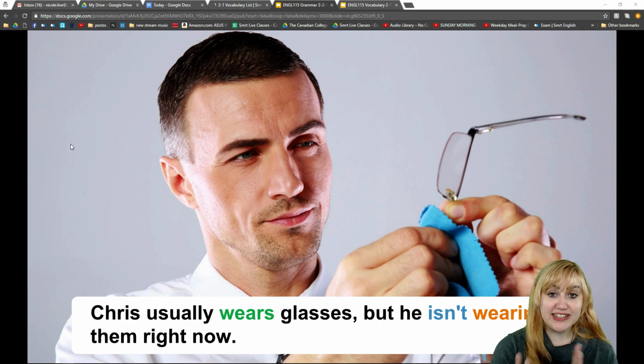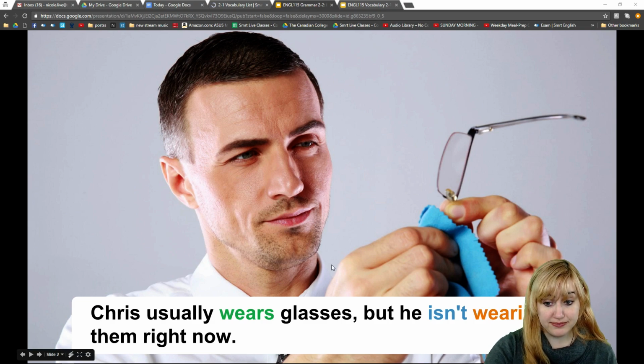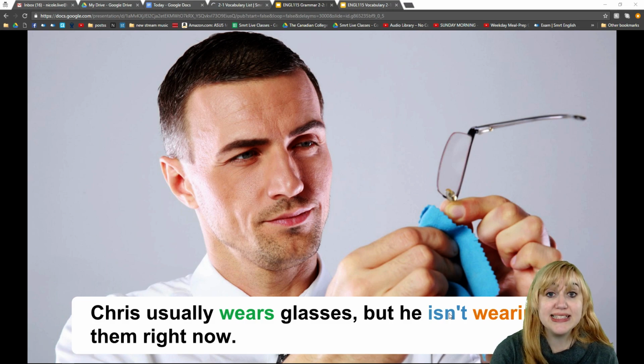The only thing that's different for present or past or future or present perfect is the be verb. The be verb in this sentence is isn't. So for present continuous, we use the present be verb. The present be verb is am, is, or are.